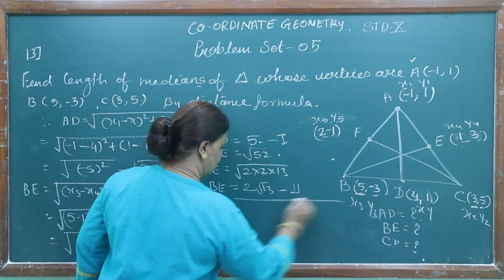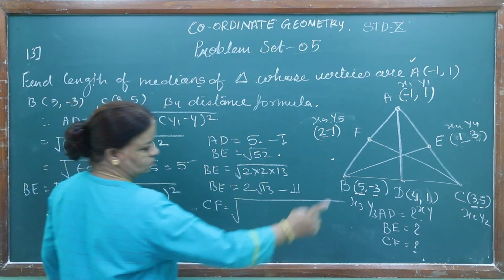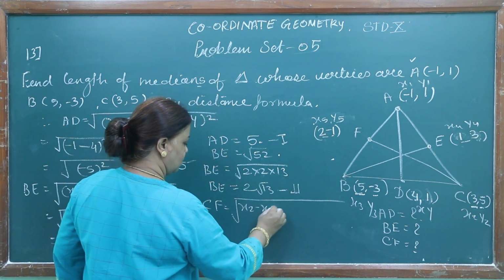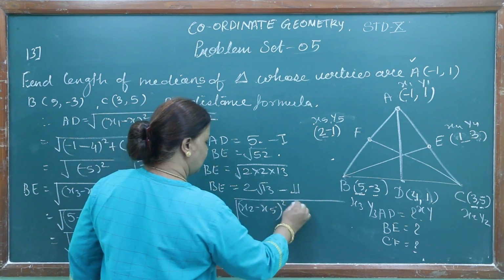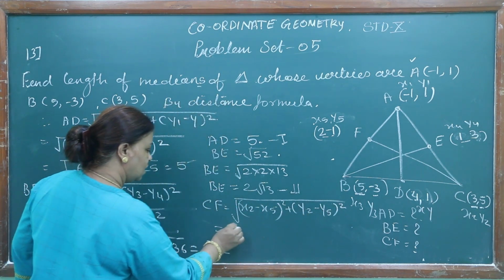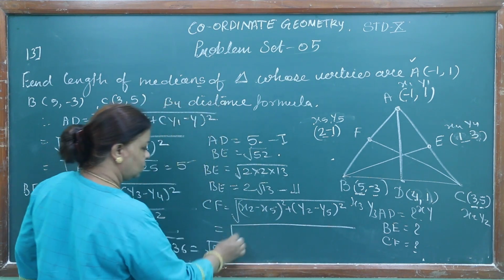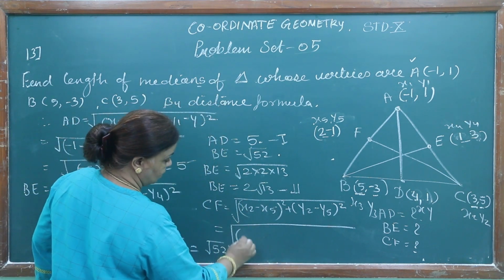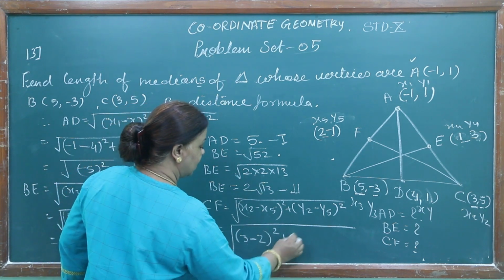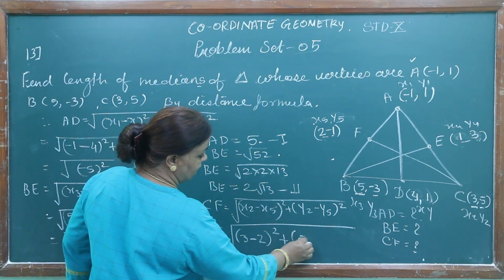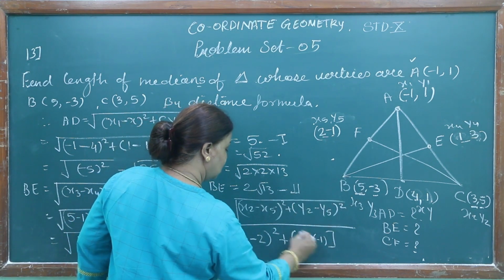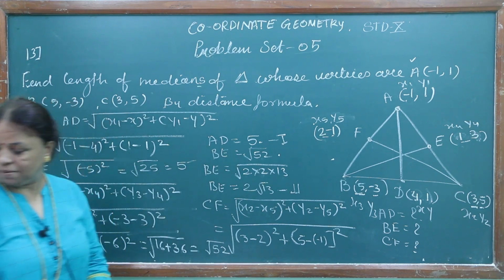Again by distance formula, children, x2 minus x5 the whole square plus y2 minus y5 the whole square. Now here x2 is 3 minus 2 the whole square plus y2 is 5 minus 1 the whole square. Let me rub it.